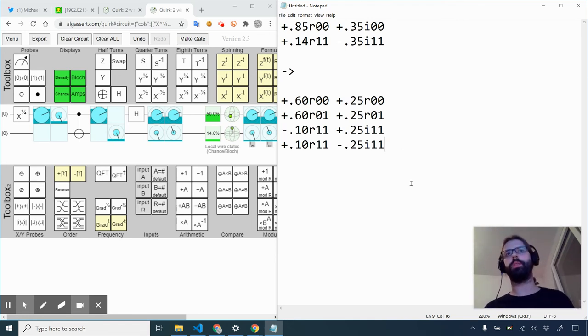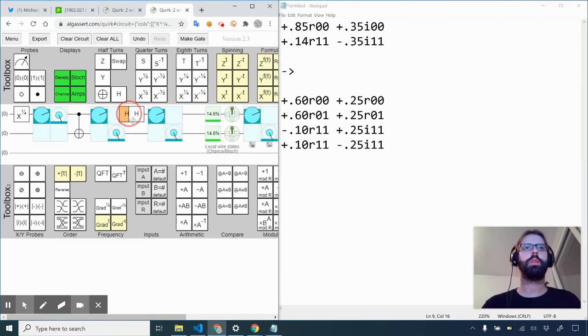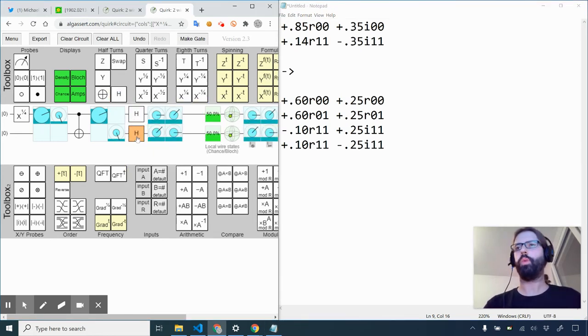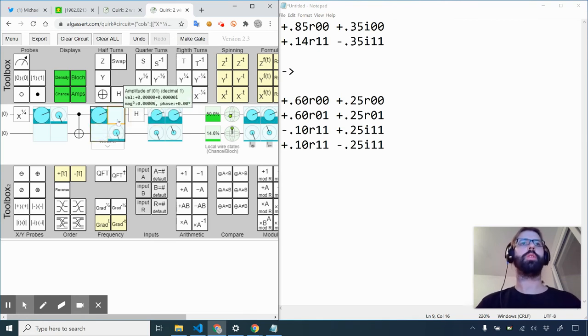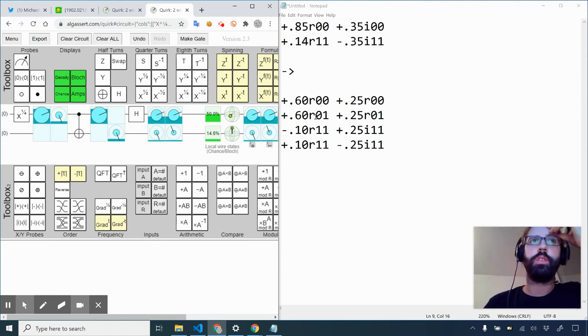So there's no interference in here. There would be if I would apply a full Hadamard layer. But here I can see that there's just none, because there's simply no amplitude for the state 0, 1, right? Well, the amplitude is 0. And so we're kind of filling this up.